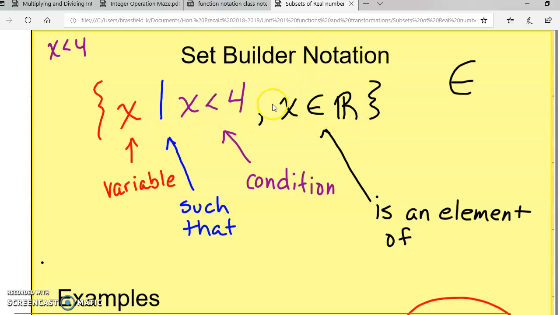And this is probably the most difficult part of it all, and it's not terrible. You write x, and this little e means is an element of, and this is the kicker. You have to figure out which symbol. Is it a real number, a rational number, a natural number, a whole number, irrational? What am I going to use for this problem? So in this set, it's saying any number less than 4 is in this set. So that can include positive numbers, because 1, 2, and 3.